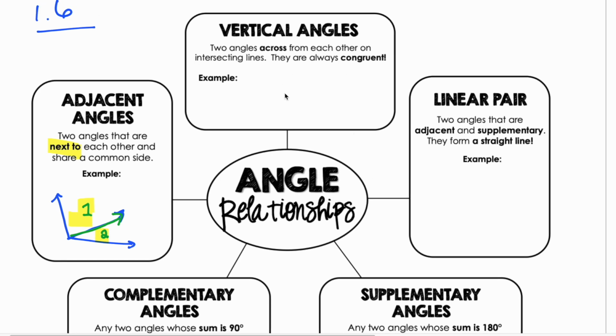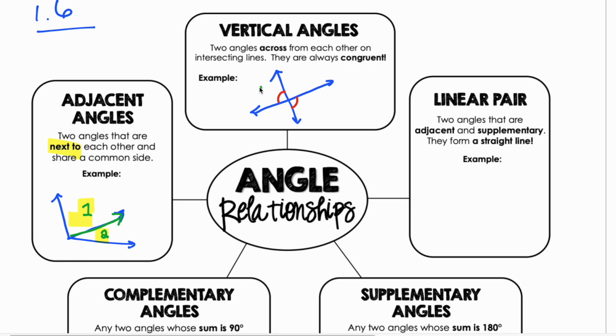All right, let's talk about vertical angles. Vertical angles are angles that are across from each other on intersecting lines. They are always congruent. Okay, so I'm just going to draw an image of what that might look like. So we have two lines that are intersecting. The vertical angles are opposite to each other. So if this is one angle, this would be the vertical side. And I did arc marks because they are always congruent.